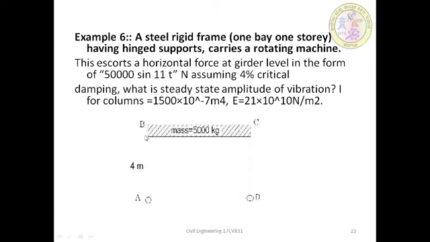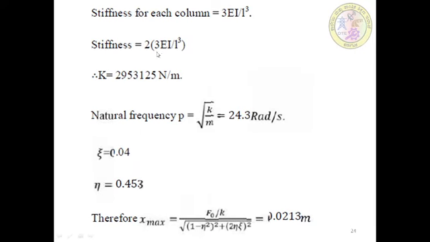Here AB is one column and CD is another column, and they support a mass of 5000 kg. AB and CD are 4 meters in height. Now for the stiffness, since both ends are hinged, the stiffness is given by 3EI by L cubed.